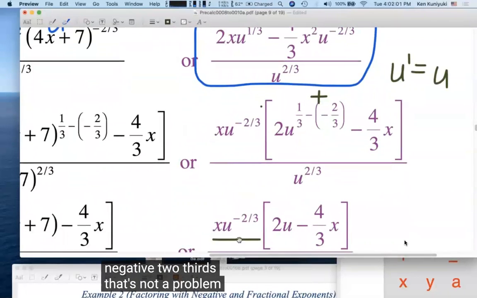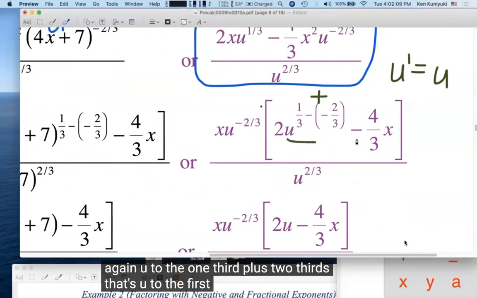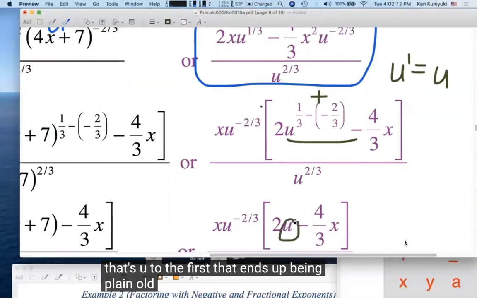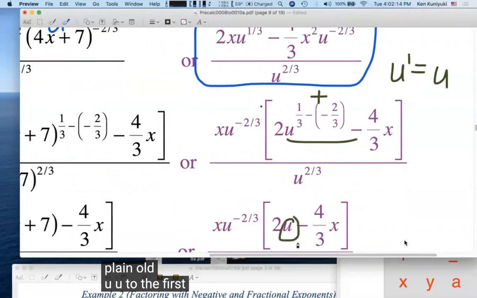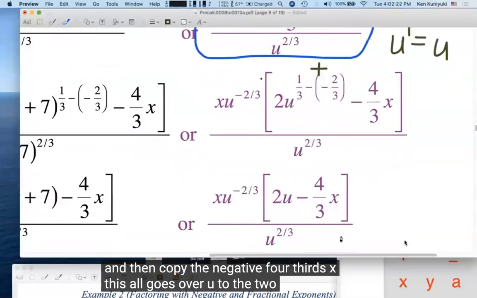That's not a problem. We copy the 2. Again, u to the 1/3 plus 2/3. That's u to the first. That ends up being plain old u. And then copy the negative 4/3 x. This all goes over u to the 2/3.